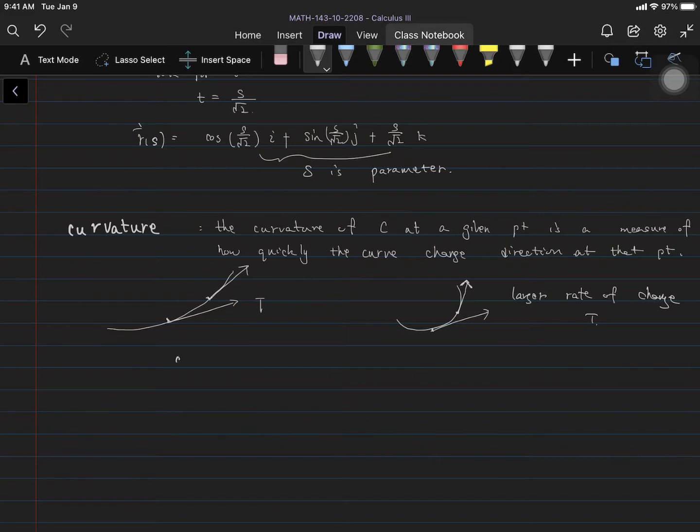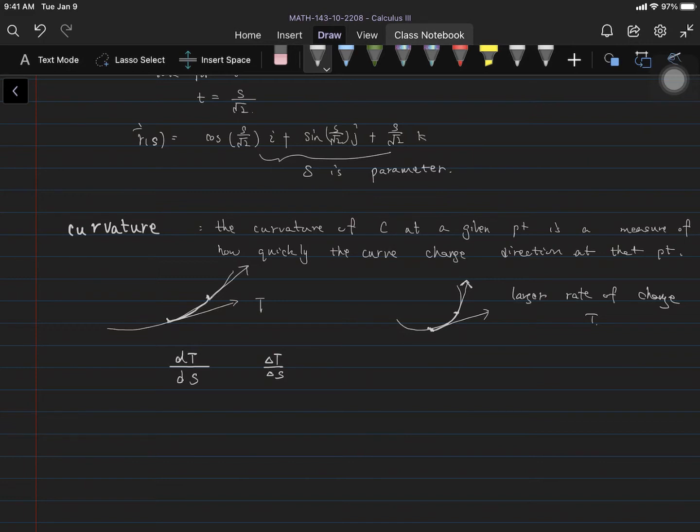That means the rate of change of the tangent vector with respect to s, like delta T over delta s. When we have the same arc length, how fast does the tangent vector change?